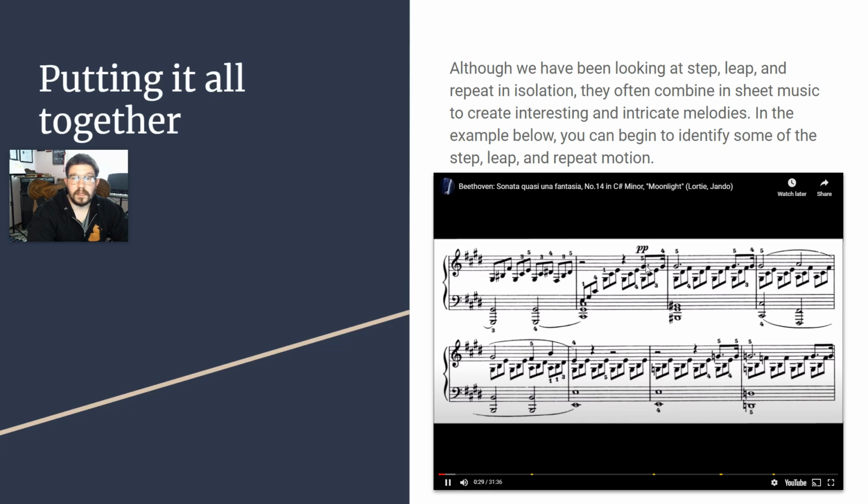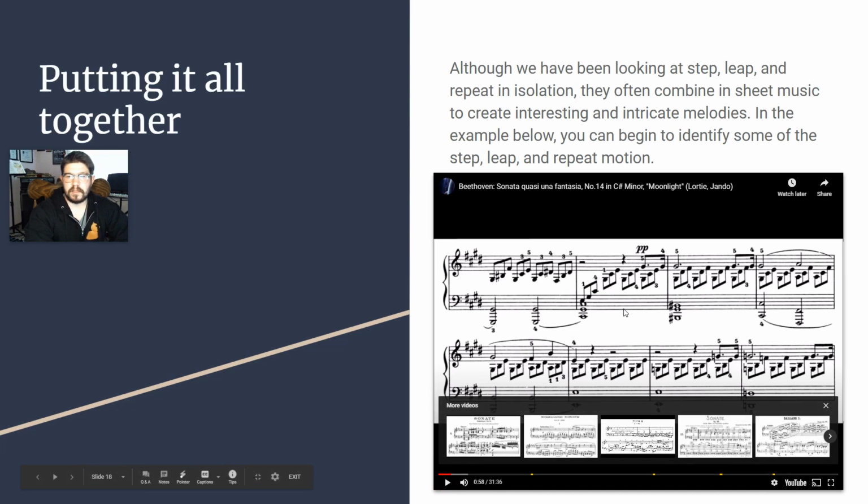And now in the melody, you've got that repeated G right there. And now the melody is stepping back and forth. And now the melody leaps too. So we'll go ahead and stop right there.